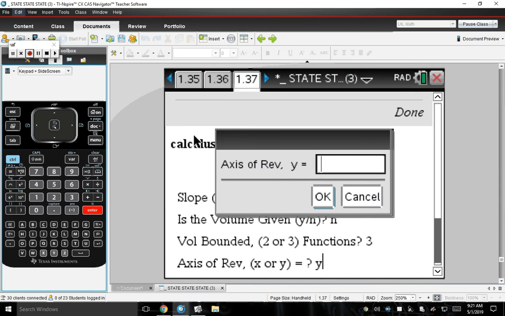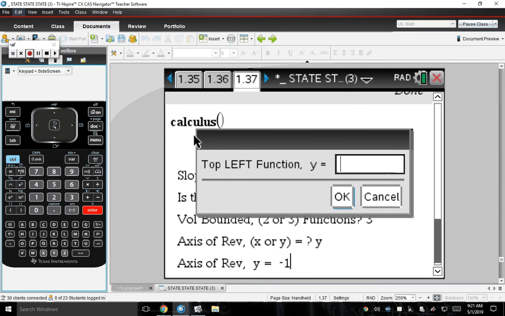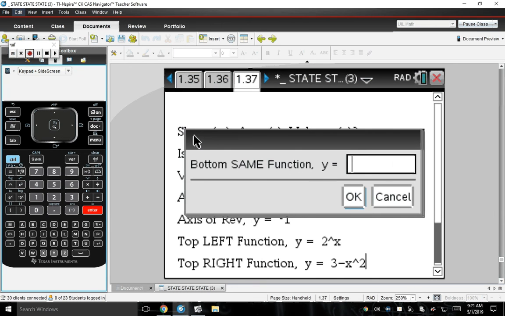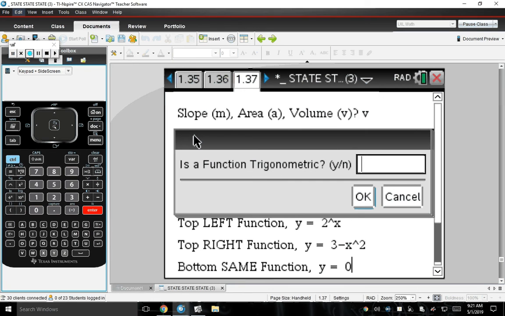Now it'll ask you, what is it? -1. Okay? What's the top left function? 2 to the x. What's the top right function? 3 minus x squared. And what's the bottom same function? 0. Are any of them trigonometric?